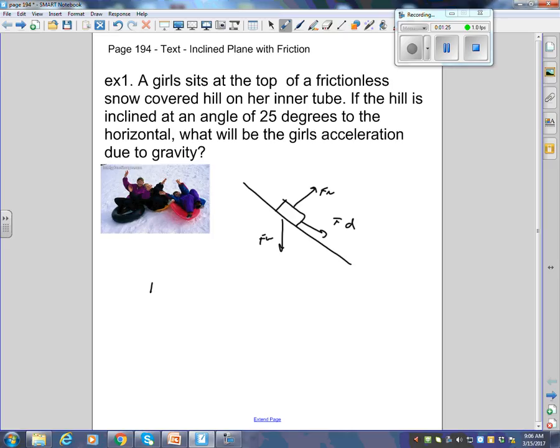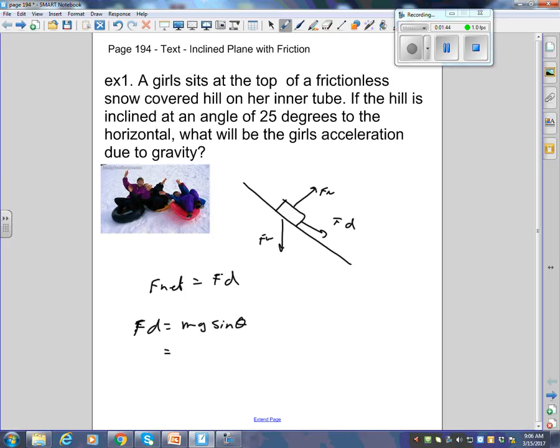Then in fact, the net force is equal to FD, right? And FD is equal to mg sine theta.